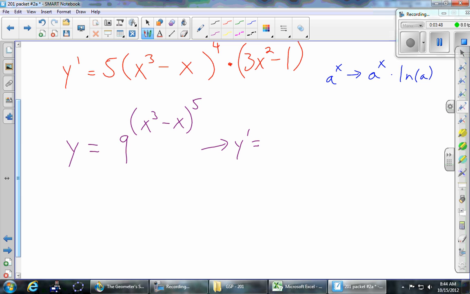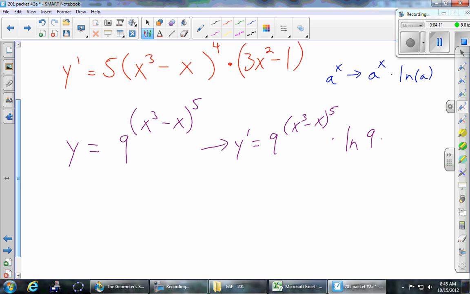So now it's 9 to some complicated thing. What do we do first? Copy that whole thing down: 9 to the x cubed minus x to the 5th. Times, still doing the rest of this rule in blue, natural log of what? 9.